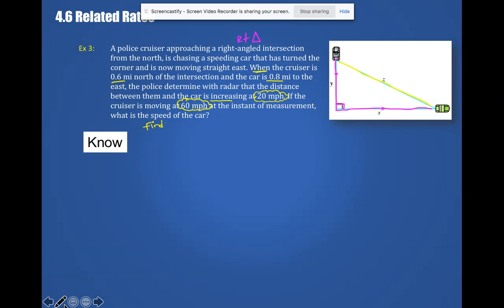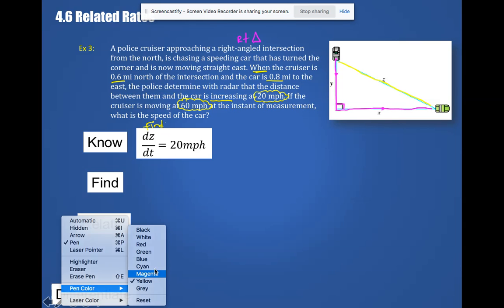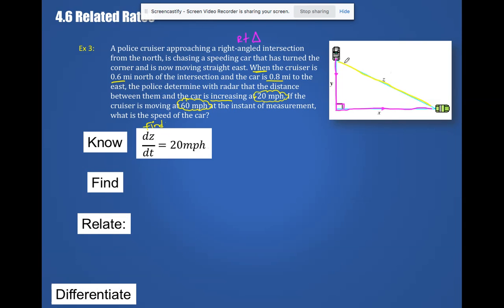So what do I know? What am I trying to find? Then I've got to relate those two things. Think, if I have to replace, then I'm going to differentiate. So what I know, given my drawing where I called the sides X, Y, and Z, is that the radar determined that the distance between them was increasing at 20 miles per hour.